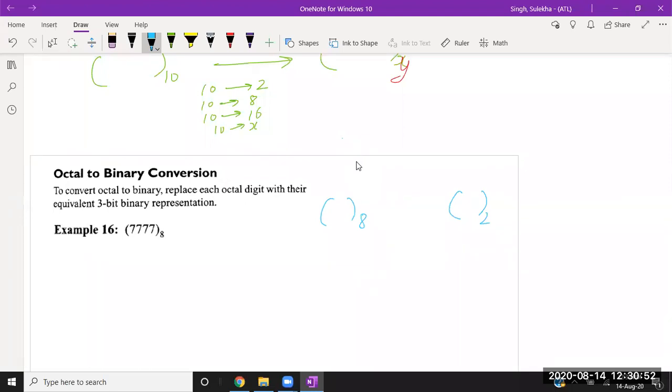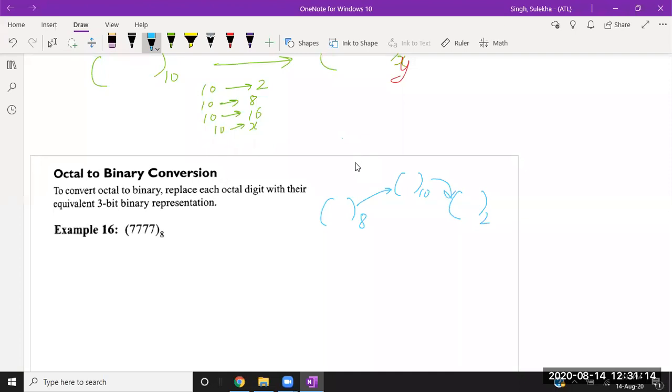As I said before, whenever you want to change any base x to any base y, you change it into base 10 and then from 10 into 2. This is the correct way, the way with the concept.